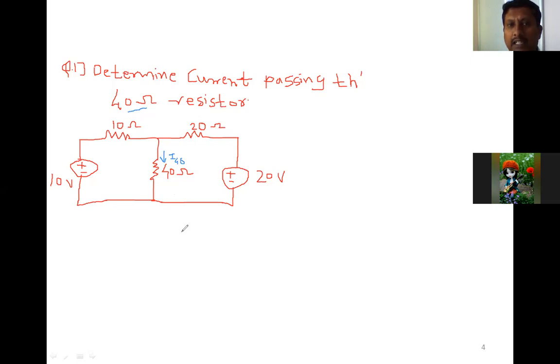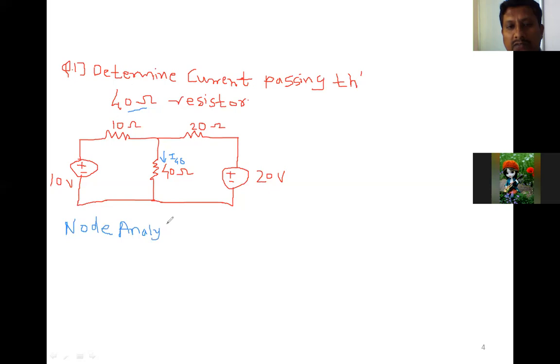You can give it Ix, I2, or just I, whatever you feel good about. Now next, we have to apply nodal analysis. Nodal analysis is generally used to find the current, so whenever a current is involved, we can go for nodal analysis.